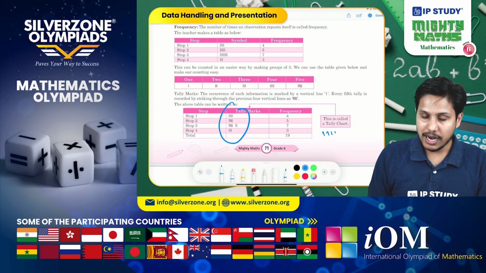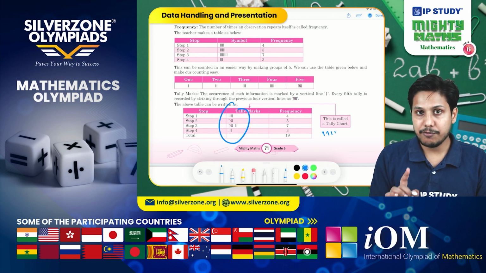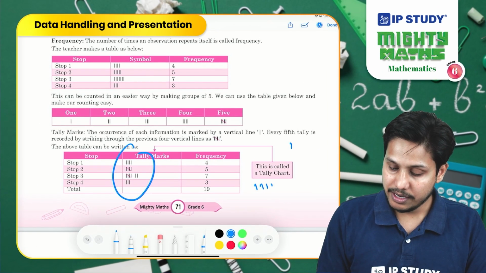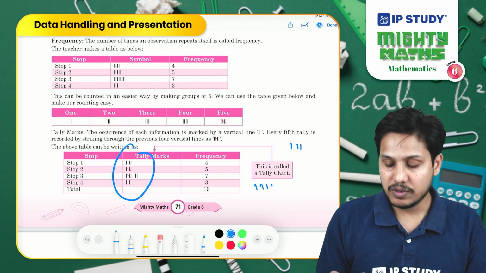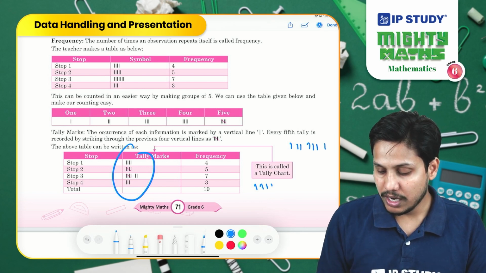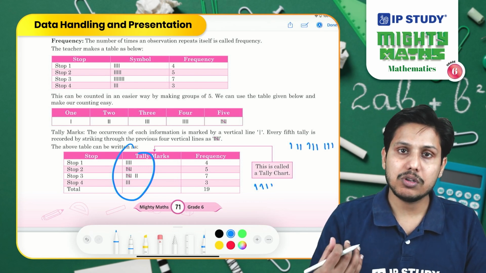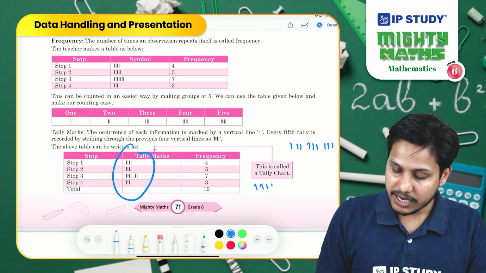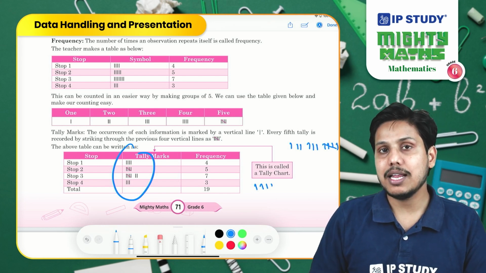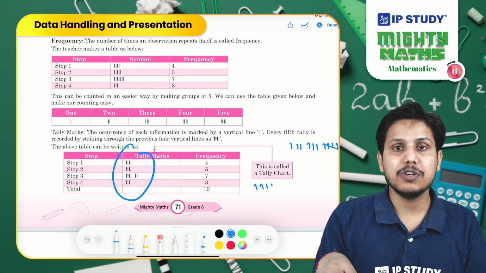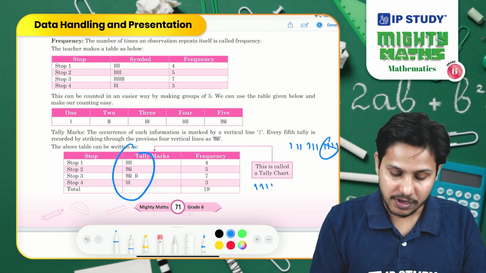For one we draw one vertical line, then for 2 we draw 2 vertical lines, then 3, then 4, and for the 5th, we take a slanting stroke like this, and this one group of 5 is called a group of 5 in tally marks.